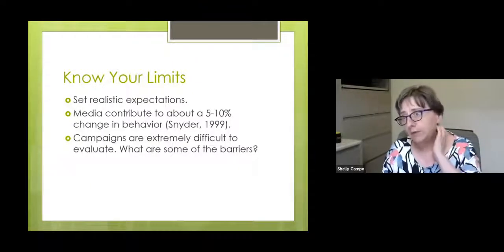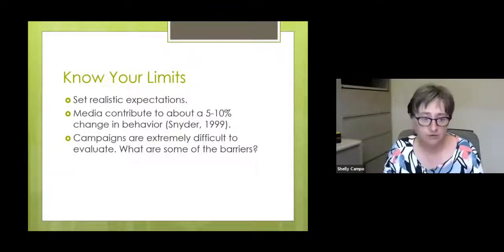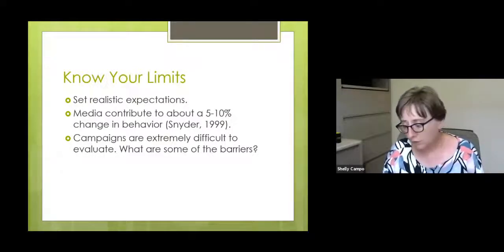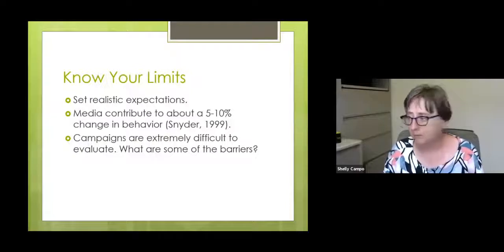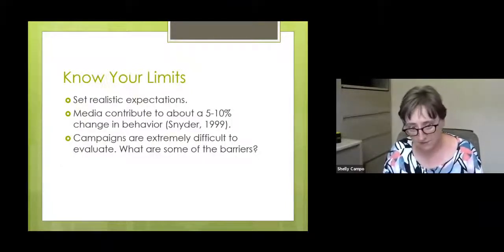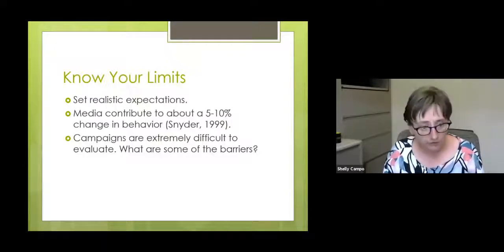So I've worked on campaigns about, for example, trying to get people screened for colorectal cancer. If you do something like that, you can work with your health centers to see if there was an uptick in the number of people calling for scheduling appointments, having tests, etc. You might be able to get that also from insurance claim data.